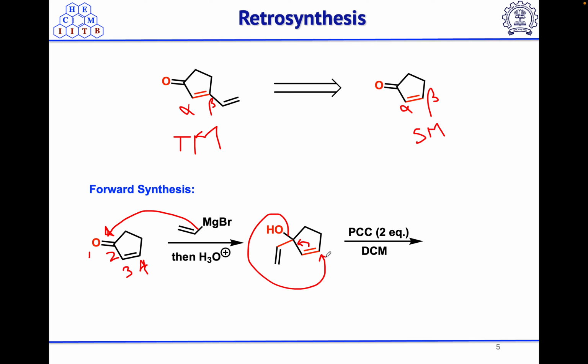Then this carbon will have the alcohol, in the presence of PCC. With two equivalents, another equivalent of PCC will do the oxidation of this alcohol. So basically you will get this product. This is another example of Babler oxidation, a very interesting example.